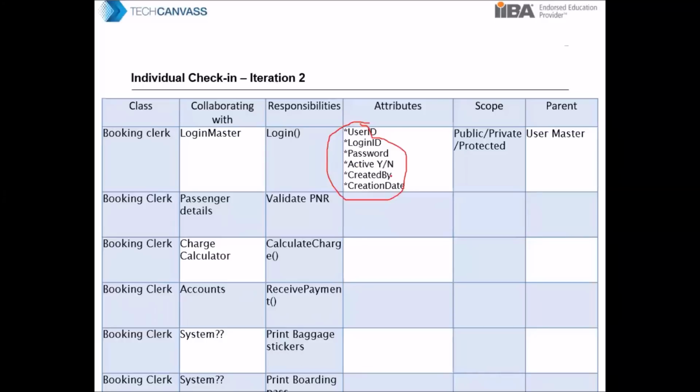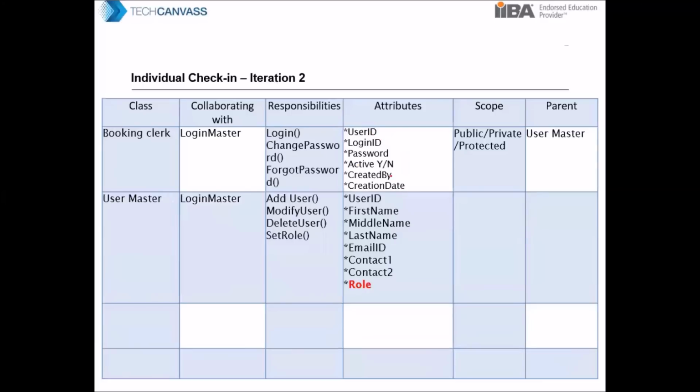So you can start identifying the attributes for different classes. For booking clerk, for login master, for user master, we can identify the attributes. One of the important attributes in the user master would be a role, because a booking clerk is a type of user master, which we have already identified.